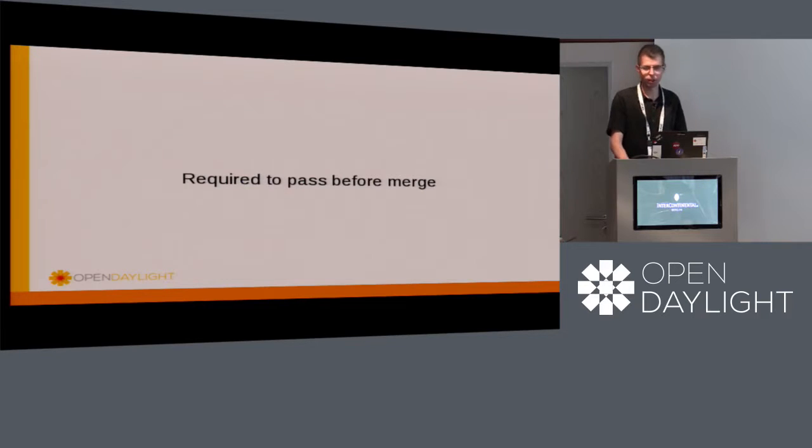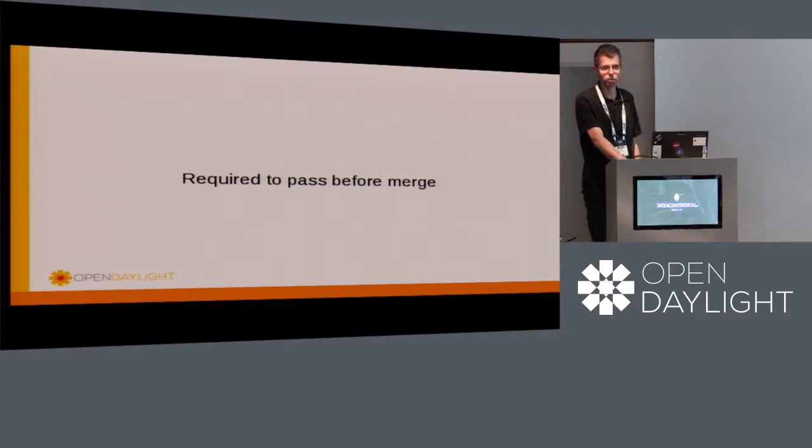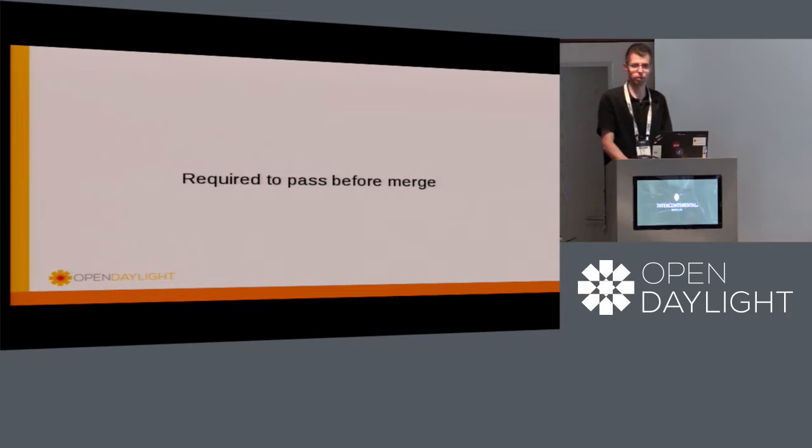And as I said before, they are required to pass before being merged, in theory. In practice, you can always force a commit to be merged if you really want to, because sometimes there are infrastructure issues which make all the unit tests fail for reasons which have nothing to do with the code being changed. And we need the patch to get in, so we force it, but that's not the standard practice.